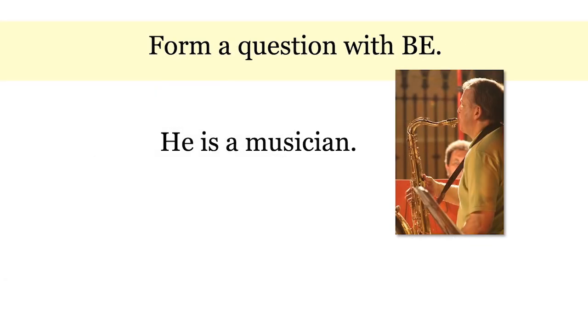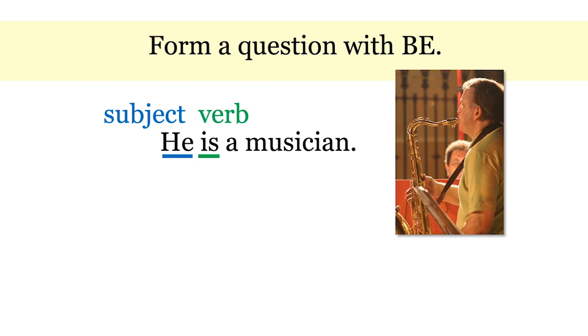Form a question with be. You already know how to make a statement with be. He is a musician. We start with the subject, here it's he, and then we have a form of the be verb. Here we use is because is goes with he, third person singular.